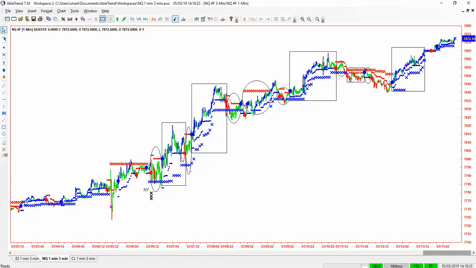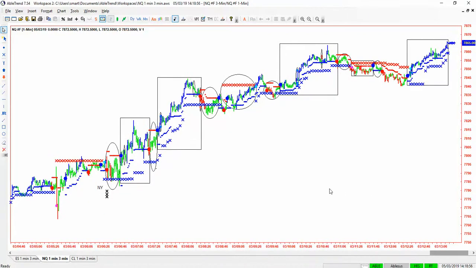Trading opportunities 1, 2, 3, 4, as opposed to the no trade zone. So you see that? 1, 2, 3, 4, 5, 6 no trade zones, and 1, 2, 3, 4 trading opportunities. So you had actually more no trade zones than anything else.